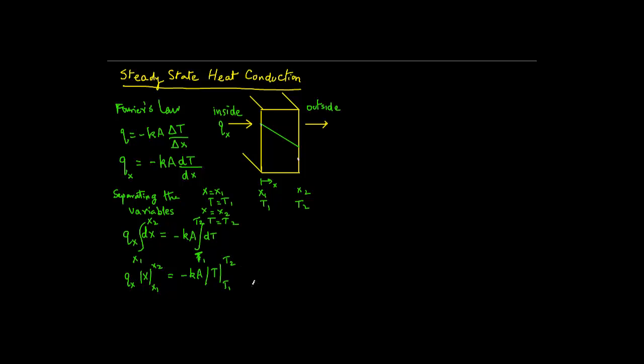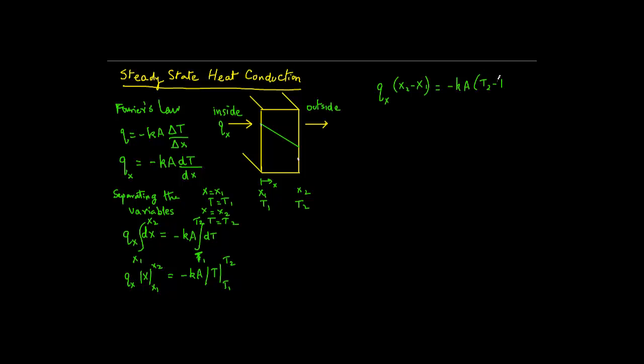So we can go ahead and substitute the limits. So we have qx, and in parentheses we have x2 minus x1, and on the right hand side minus kA t2 minus t1.